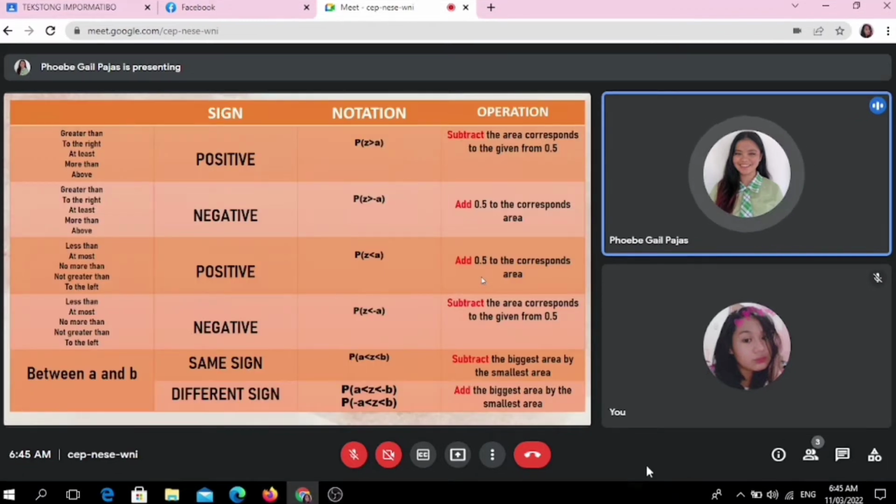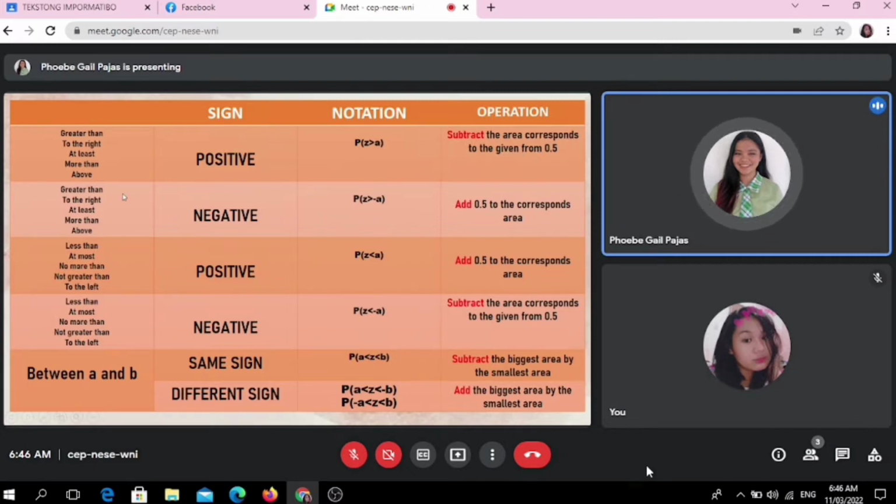So, we have here our table. We have here the first condition: greater than, to the right, at least, more than, above. The sign is positive. The notation is probability of z is greater than a. Then, the operation that we will be using is subtract the area corresponding to the given from 0.5.